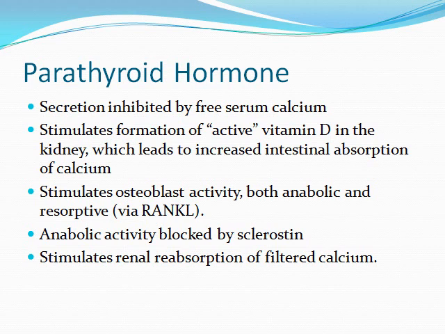And this leads to, once the vitamin D becomes active, enhanced intestinal absorption of calcium. Parathyroid hormone also stimulates osteoblastic activity to produce RANK ligand. So both the anabolic and resorptive activities increase once the osteoblasts are stimulated by parathyroid hormone.